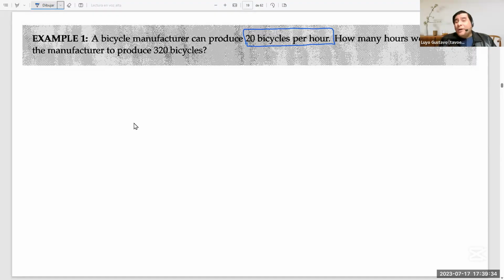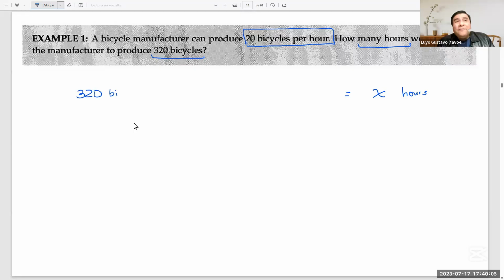Notice, we want to go from this target number of bicycles, we want to find the corresponding number of hours for achieving that production. So we can say that if we have 320 bicycles, we want to obtain here X hours.